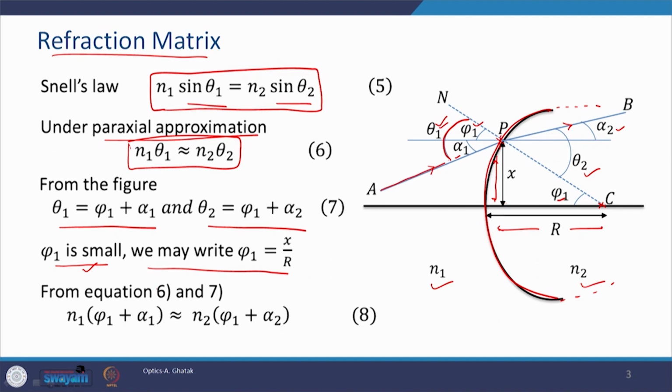Once these are known, from equations 6 and 7 we can write n1 times phi 1 plus alpha 1 is approximately equal to n2 times phi 1 plus alpha 2, where we substituted for theta 1 and theta 2 from equation 7 into equation 6, and thus we get equation number 8.